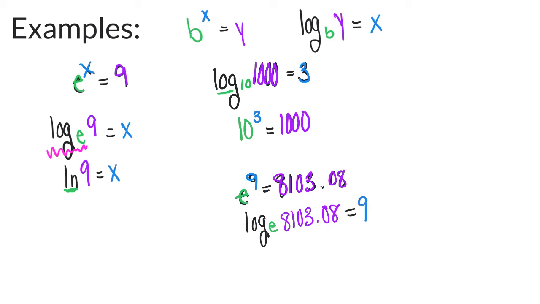Now again, remember, we don't write log base e. We write the natural log. So really, my final answer would say the natural log of 8,103 and 8/100 equals 9.